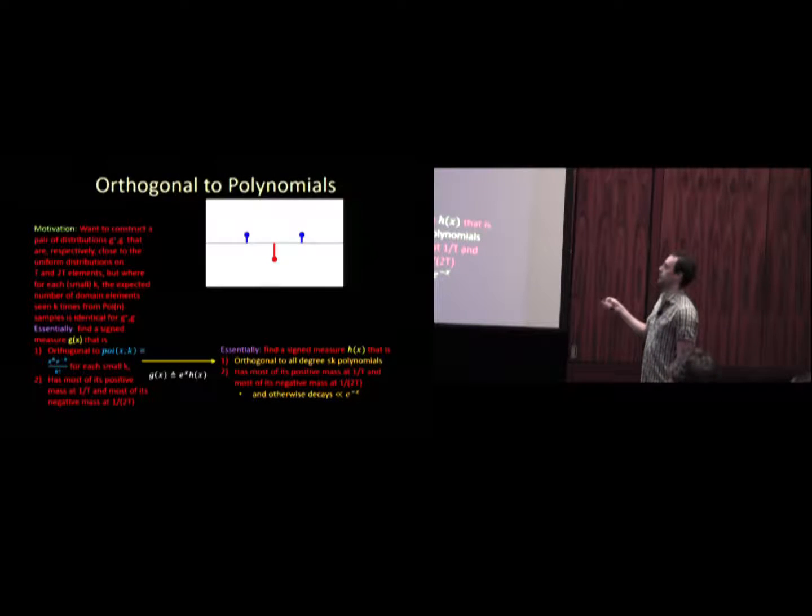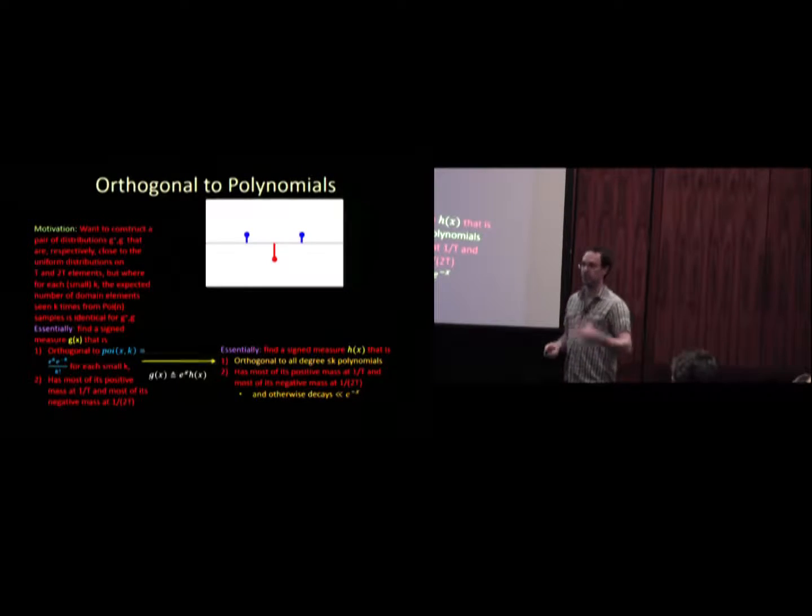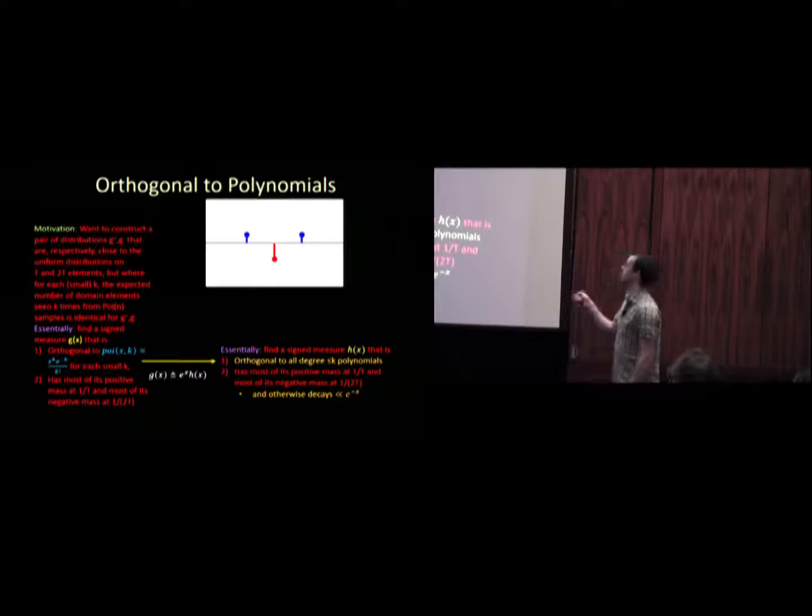So if we put, say, half mass here, negative 1 mass here, and half mass here, with these 3 x coordinates evenly spaced, this is not just orthogonal to the constant function, it's also orthogonal to x, and therefore orthogonal to all linear functions. The interesting thing happens if we move these points to no longer be equally spaced.